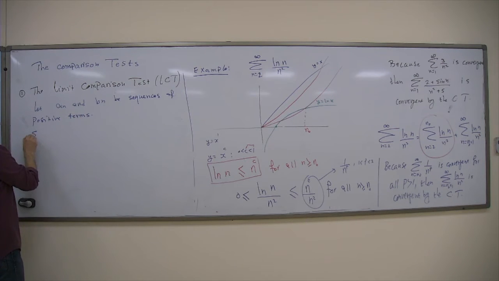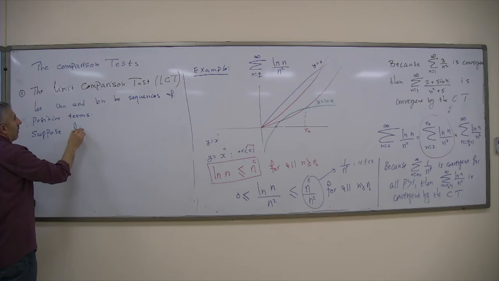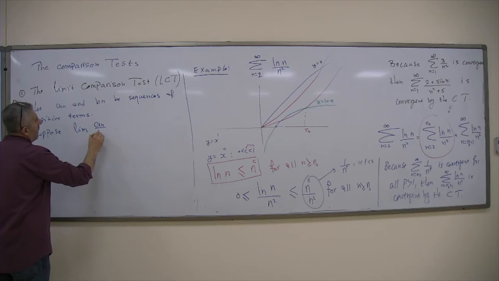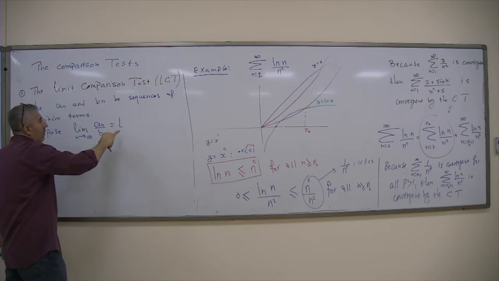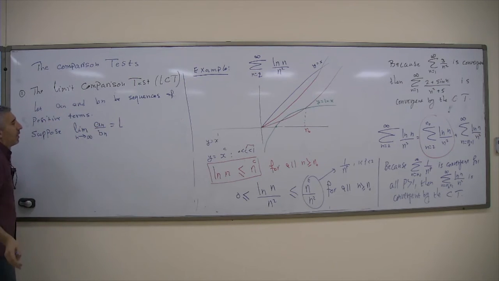Suppose the limit of a_n over b_n as n goes to infinity is L, where L is of course not negative, because these are positive, so the limit is either positive or 0 here.